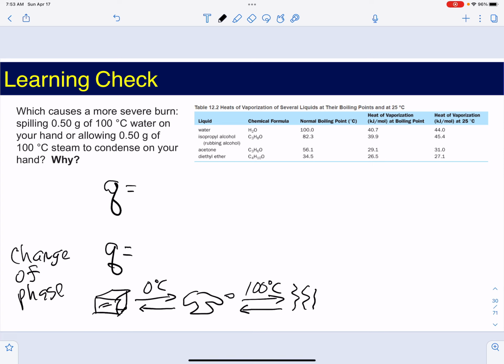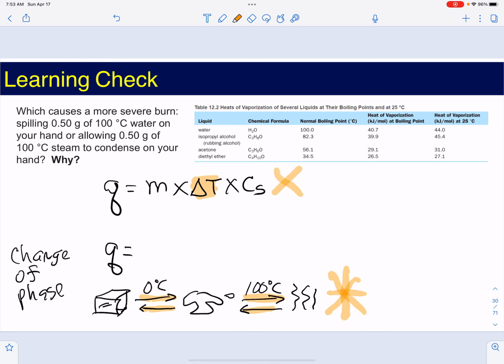So when there's a phase change, there is no change in temperature. The formula that you used to calculate thermal heat, which is the one from chapter 3, requires a change in temperature. In a phase change there is no change of temperature, so you cannot use that formula. The formula that we're going to use whenever there is a phase change is the amount, which can be grams or moles, depending on how the value is given.